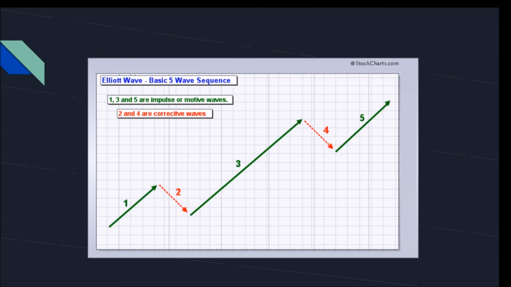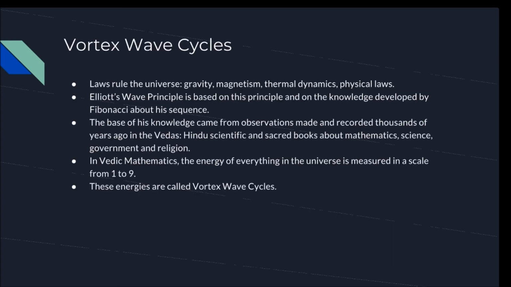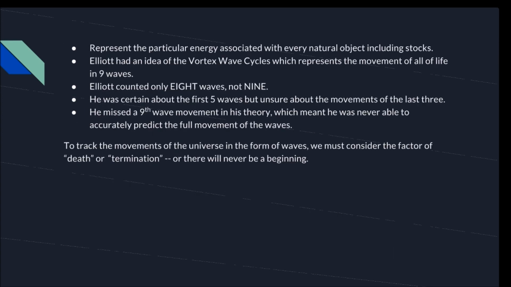They represent a particular energy associated with every natural object, including stocks. Elliott had an idea of the vortex wave cycles, which represent the movement of all life in 9 waves. Elliott counted only 8 waves, not 9. He was certain about the first 5 waves, but unsure about the movements of the last 3.